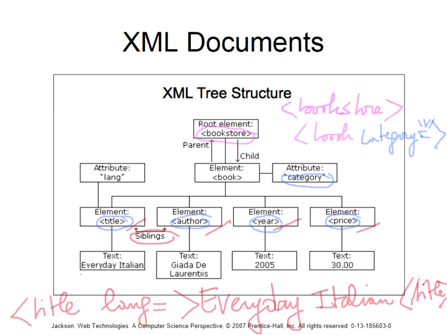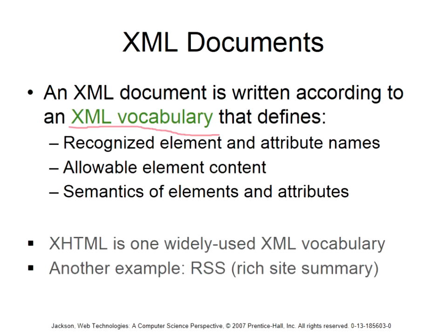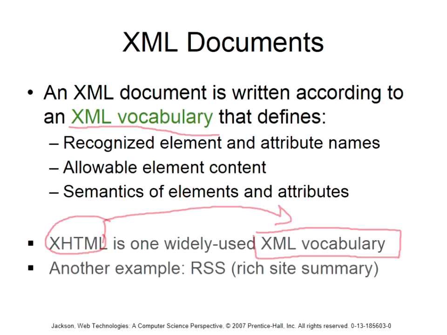An XML document is written according to an XML vocabulary. This is very important. The XML vocabulary defines recognized element and attribute names, allowable element content, and semantics of elements and attributes.